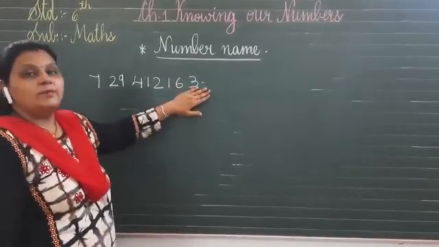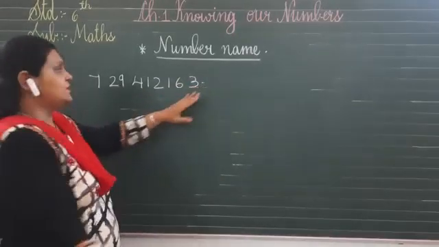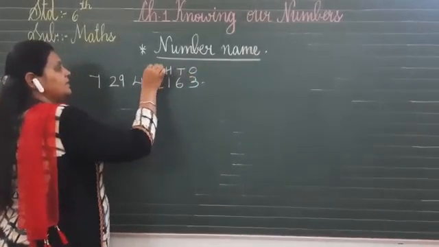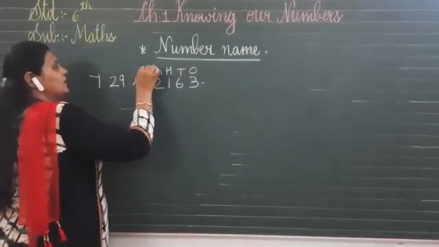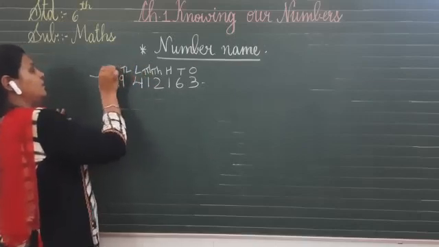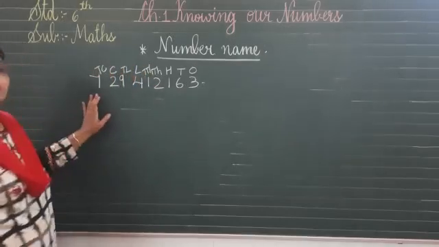We will first write the places on the number, that is ones, tens, hundreds, thousands, 10,000, lakh, 10 lakh, crore and 10 crore.